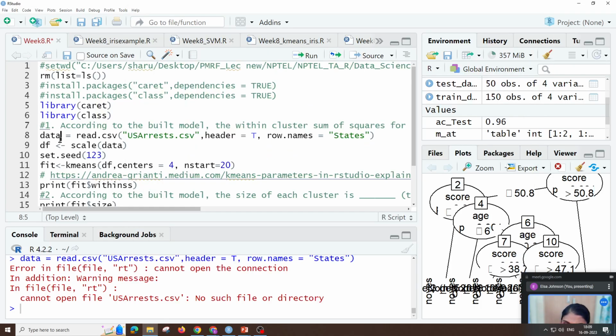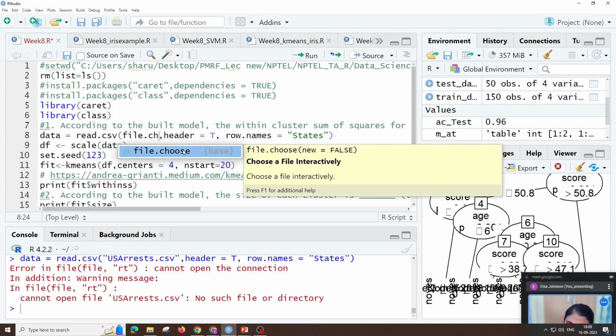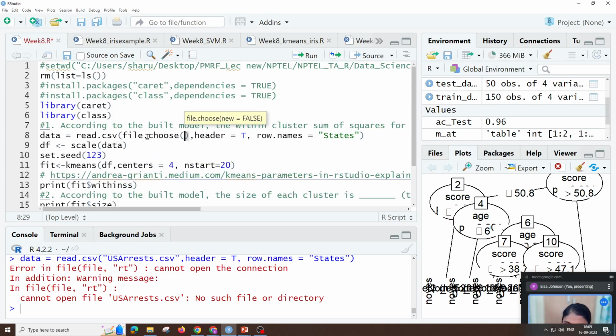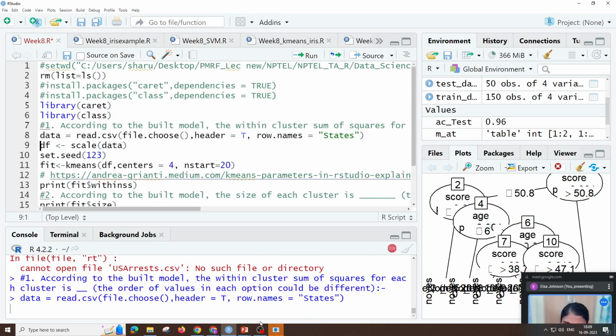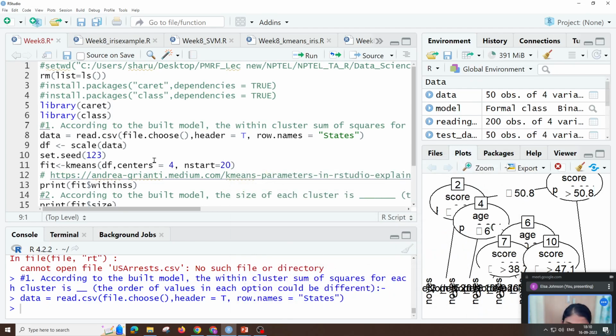This is the data. I'll do it like this, usrs.csv, and I have read this to data.